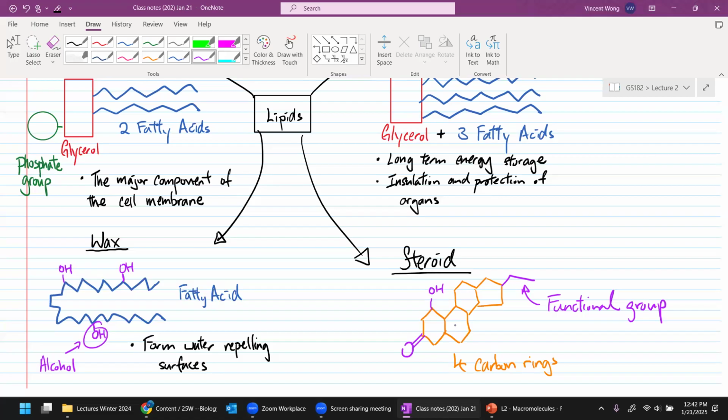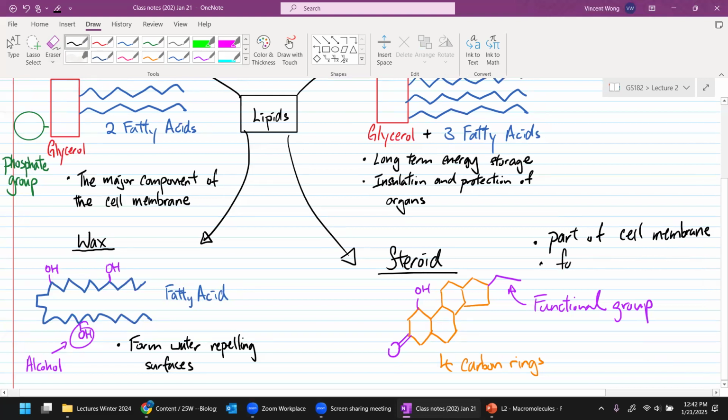You guys understand? Okay, so what do we use steroids for? Steroids are also part of cell membrane. And they form hormones. Hormones are chemical messengers in the body.